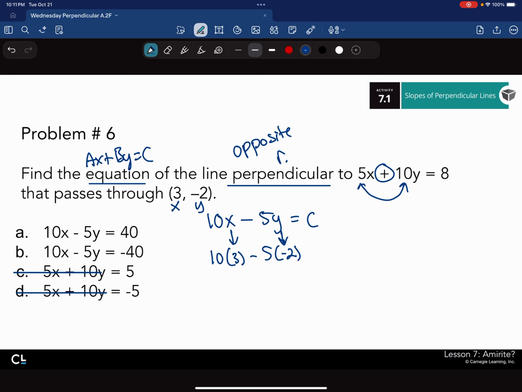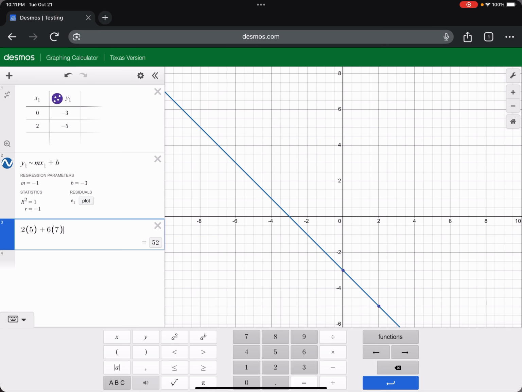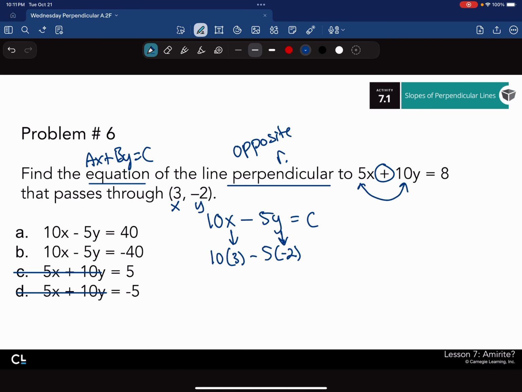And now that I have all of this information, I could put it on Desmos. 10 times 3 minus 5 times negative 2. And I get 40. And now I just rewrite it: 10x minus 5y is equal to 40. Answer here is going to be A.